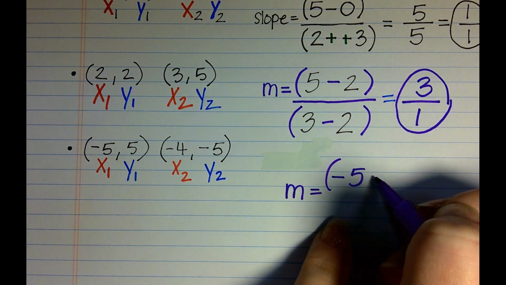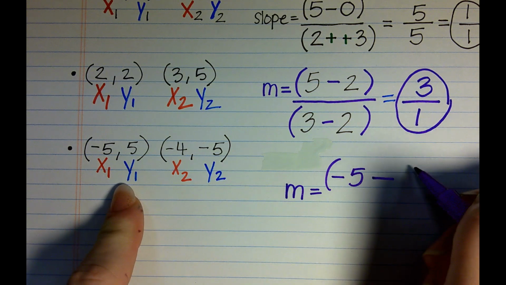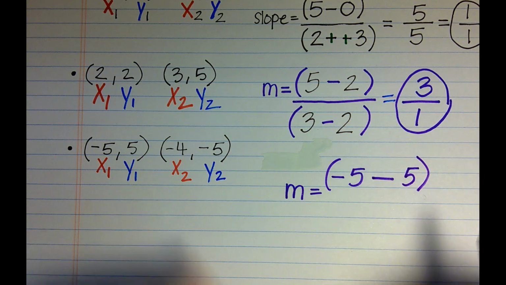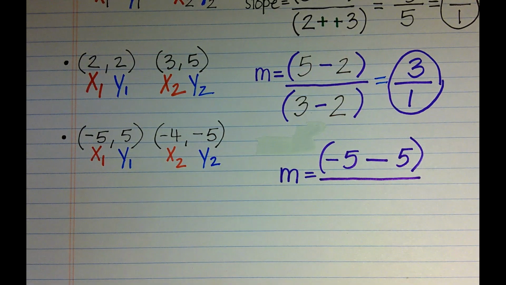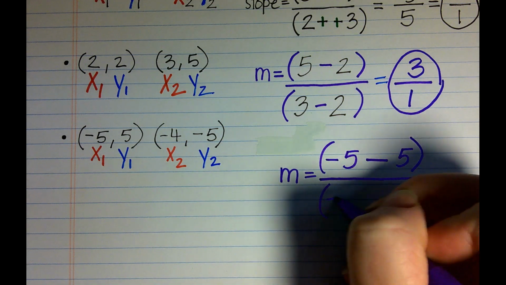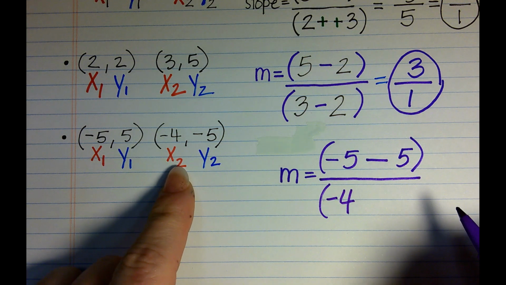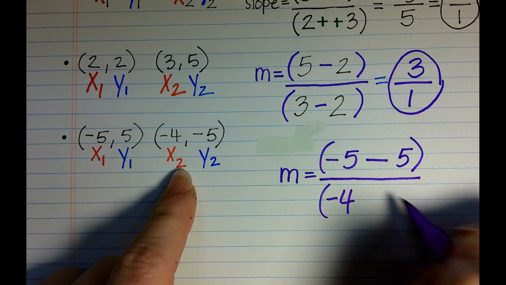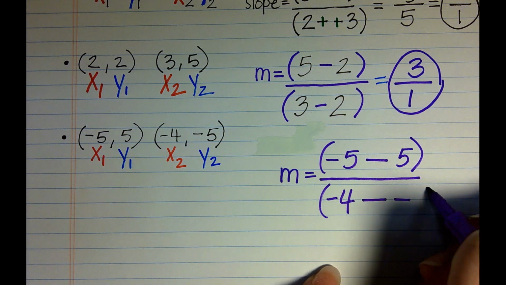And don't forget we're doing minus, and then y1 is 5. So I have -5 minus 5 over -4 minus -5.